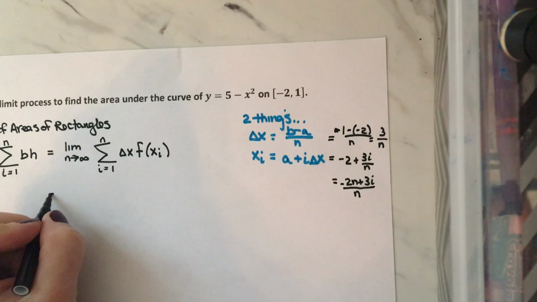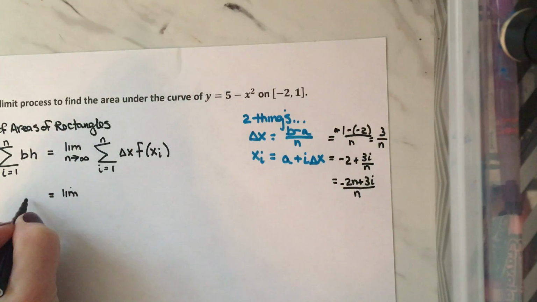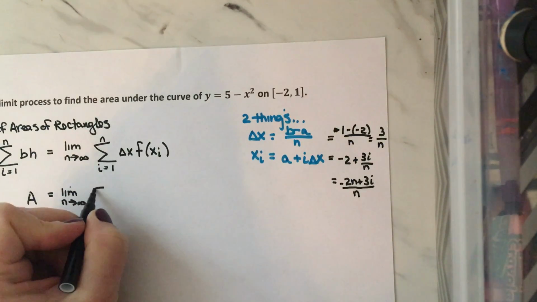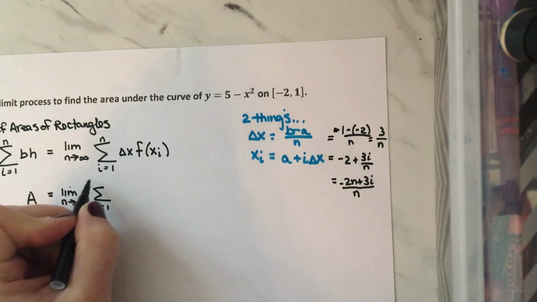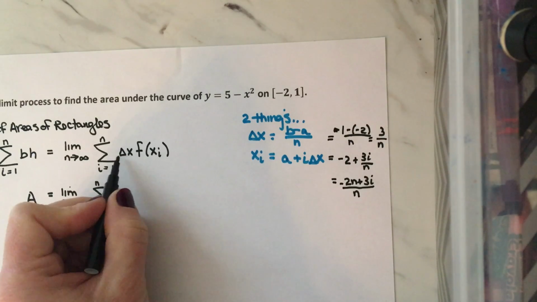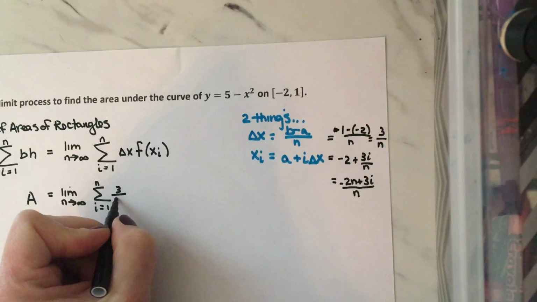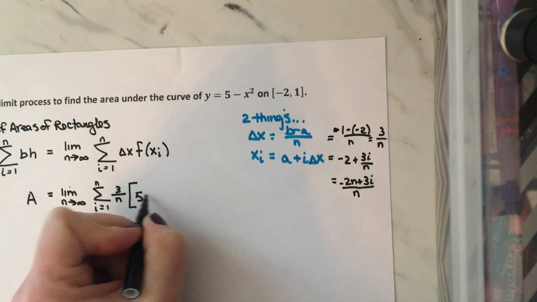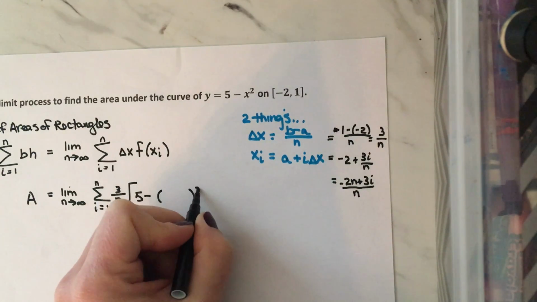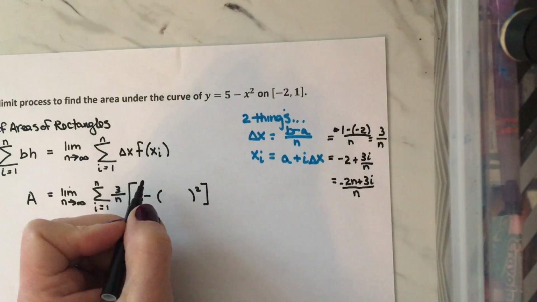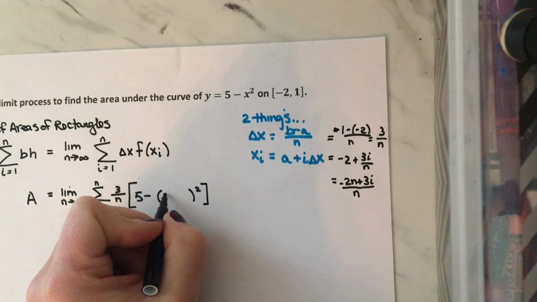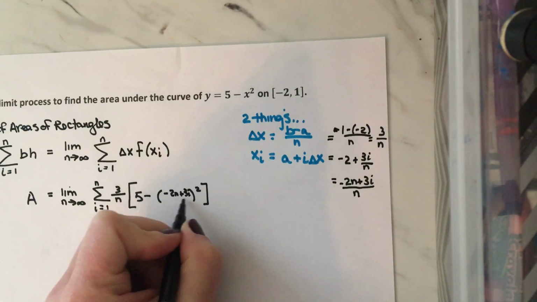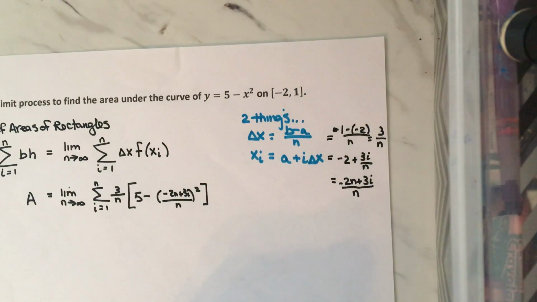So now actually plugging this in, the area is going to be found by drawing an infinite amount of rectangles and summing up their area, where delta x is 3 over n, and f of x sub i is the function of 5 minus x squared in terms of x sub i, where we just found that x sub i is (-2n plus 3i) over n.